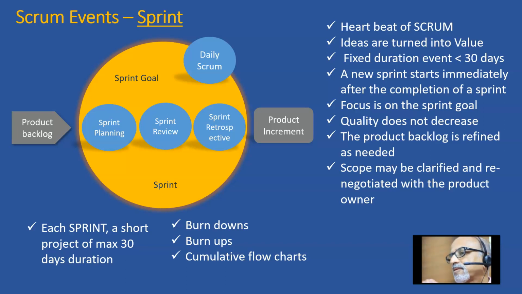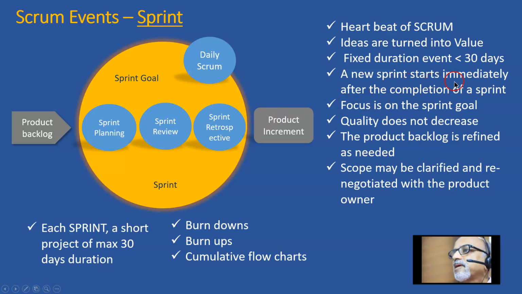That is not allowed, because then we will not learn much from these sprints. If you are running with 15-day sprints, you run with it. Maybe after 6 or 7 sprints, if you want to revise it to 30-day sprints, that is fine. But intermittently, don't change it. And the key here is maximum 30 days duration, which includes the sprint planning, sprint review, and sprint retrospective.